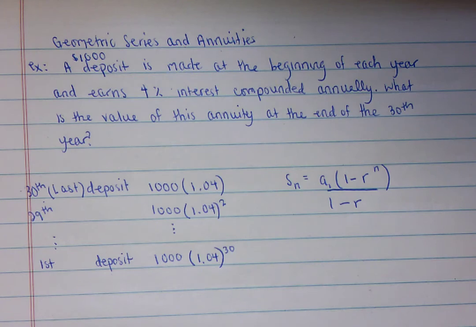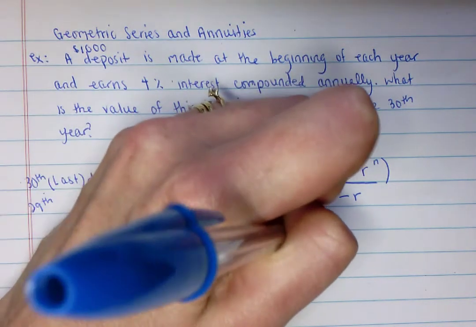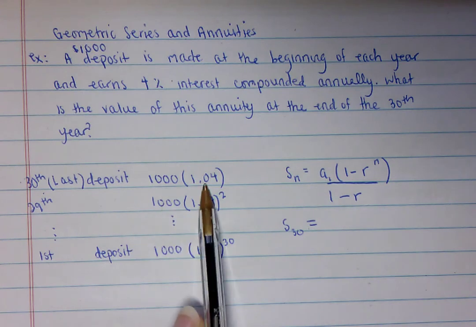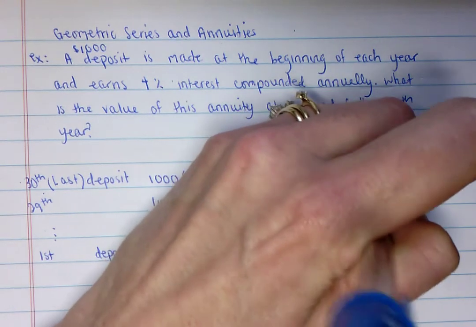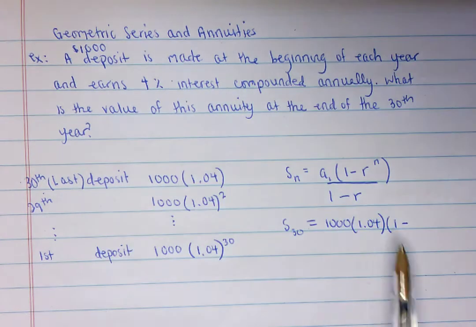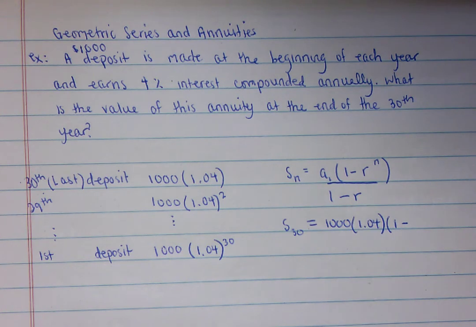Okay, so if we want to find our total over 30 years for our annuity, we can plug in the first term. So we're going to do the sum over 30 years. The first term is 1,000 times 1.04. Okay, so that's a sub 1. Then we multiply that by 1 minus, and our r value is 1.04, our rate.